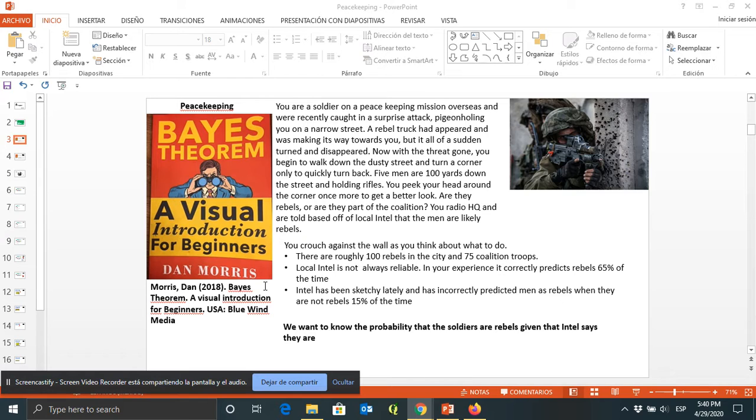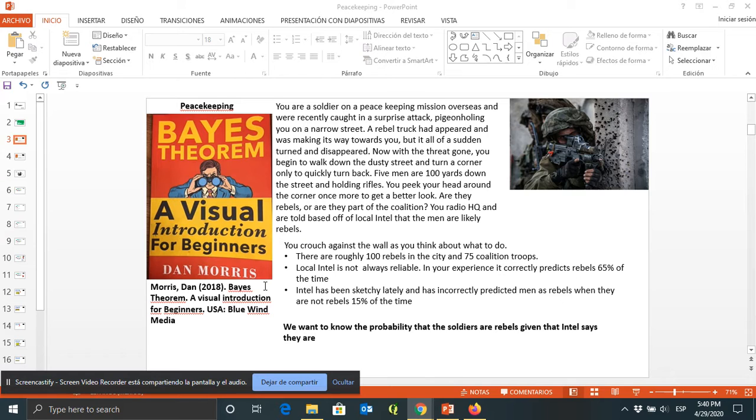Local intel is not always reliable. In your experience, it correctly predicts rebels 65% of the time. Intel has been sketchy lately and has incorrectly predicted men as rebels when they're not rebels 15% of the time. We want to know the probability that the soldiers are rebels given that Intel says they are.